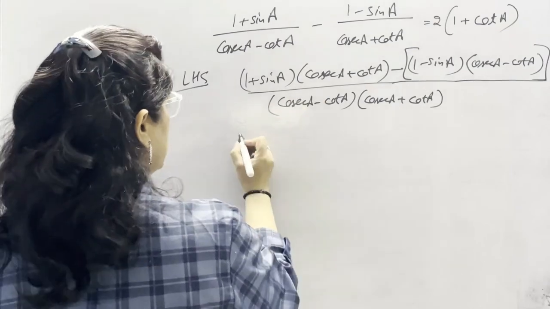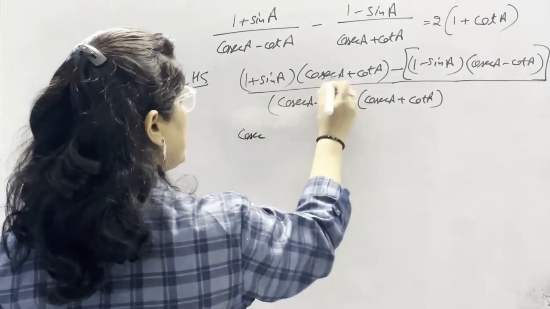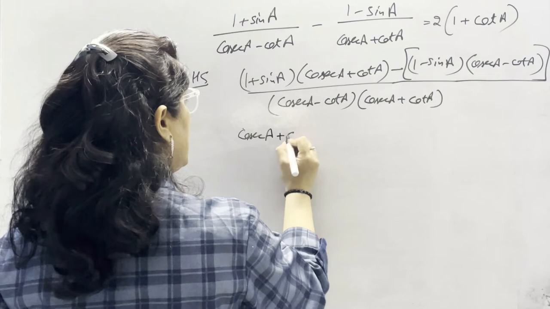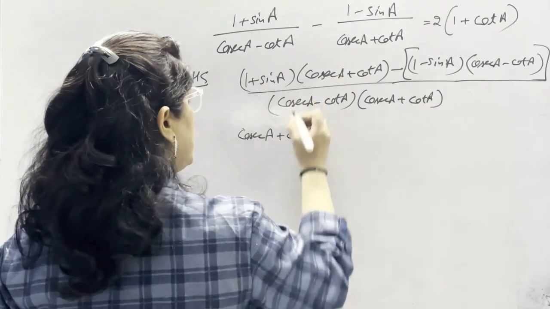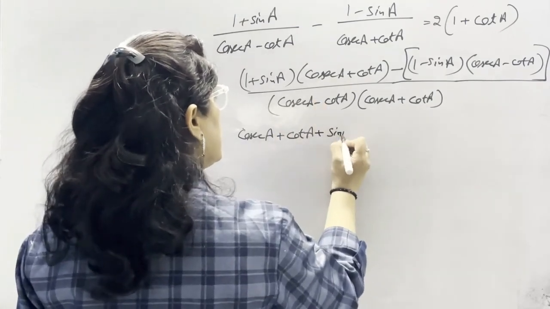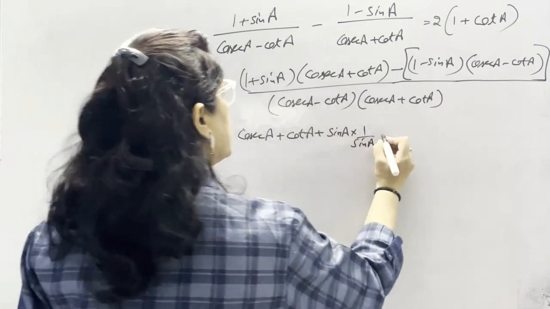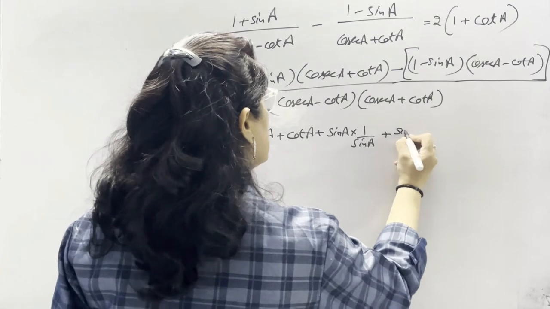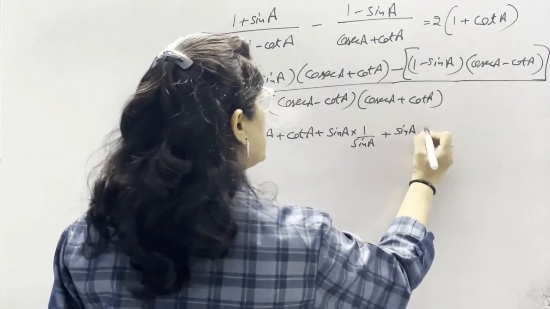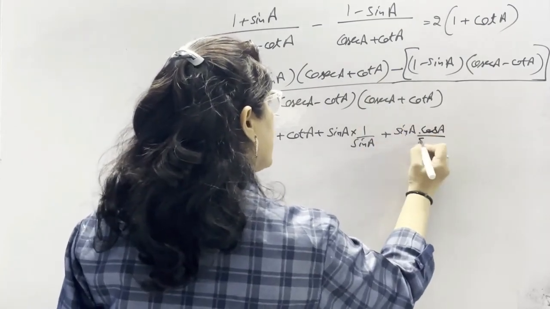Now multiplying 1 with these two terms, we get cosec a plus cot a. But when cosec a is multiplied with sin a, cosec is 1 upon sin a, so it becomes 1. Next, sin a multiplied with cot a is cos a.